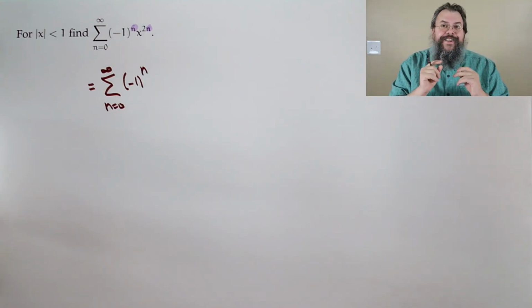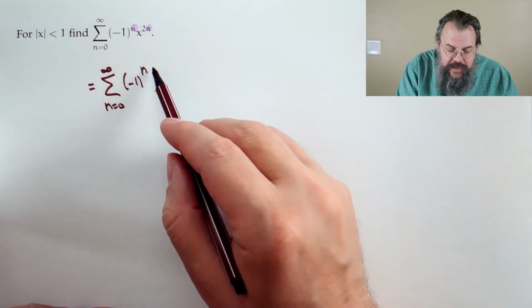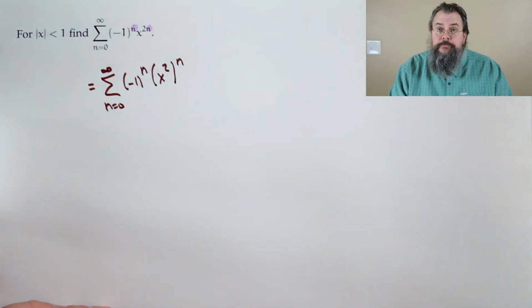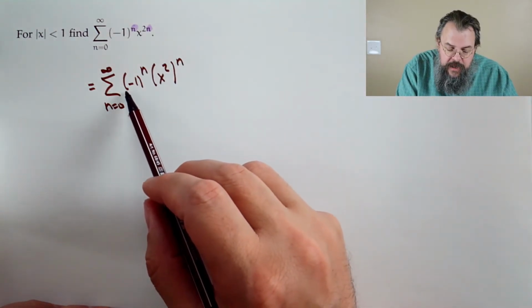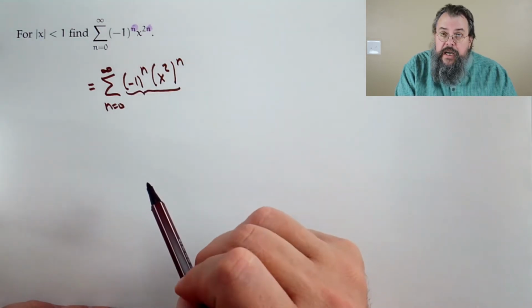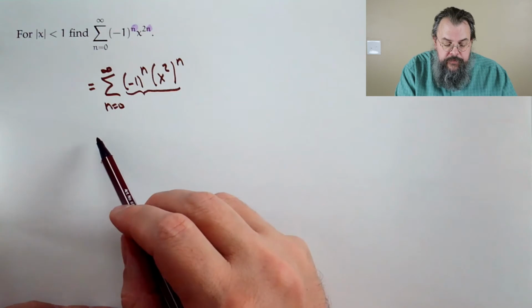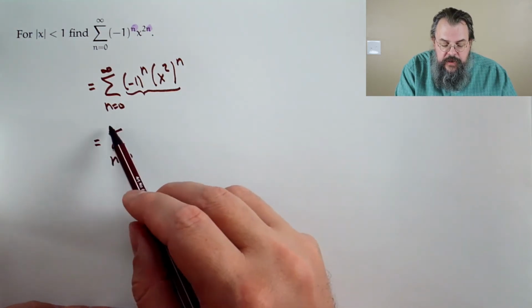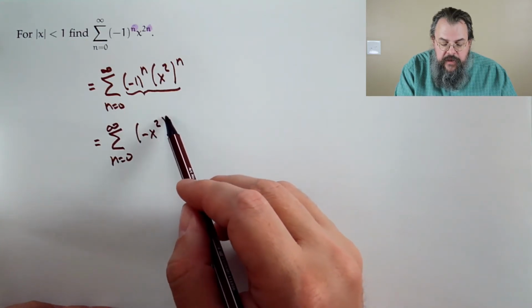But here's the thing. x to the power 2n, we can think of that as x squared to the power n. Now, we still aren't quite ready, but we can combine these two terms together because you have something to the n times something to the n. So that becomes the sum, n equals 0 to infinity of minus x squared to the power n.